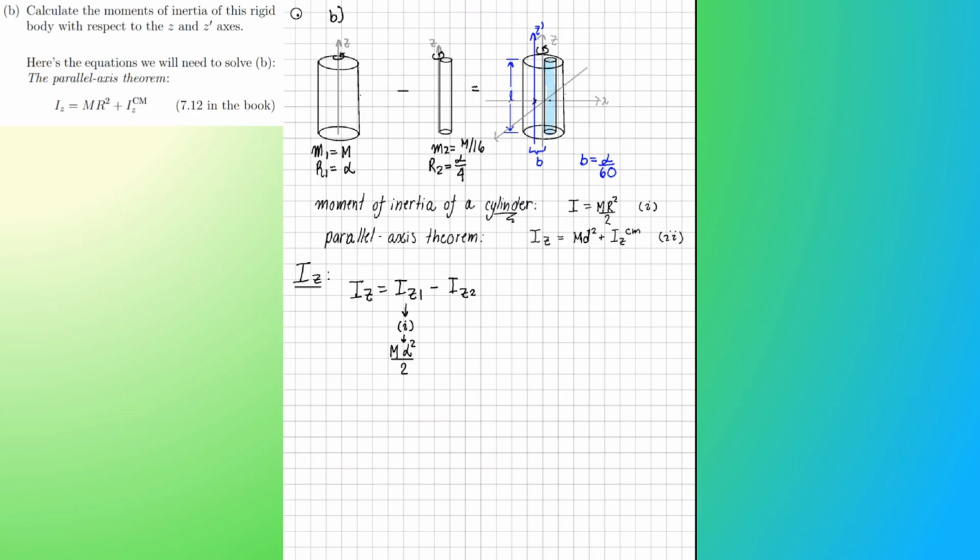For the second cylinder, we can see that the z-axis does not pass through the center of mass of our smaller cylinder. This is the axis that actually passes through the center of mass of the second cylinder. So we will need to use the parallel axis theorem. So equation number 2.